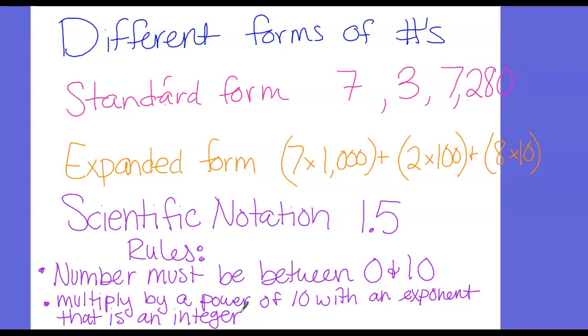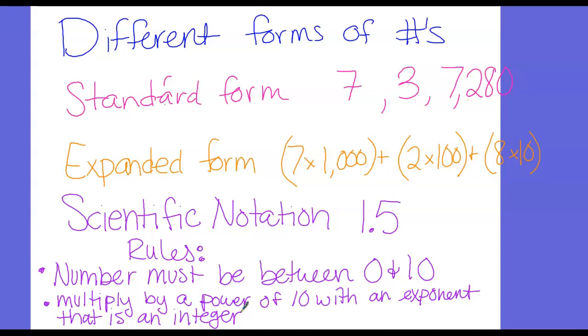Somebody give me an example of an integer. Landon. -7. Bailey. 5. Okay. Is 3.2 an integer? No, 3.2 is a decimal. An integer has to be a positive or a negative whole number.